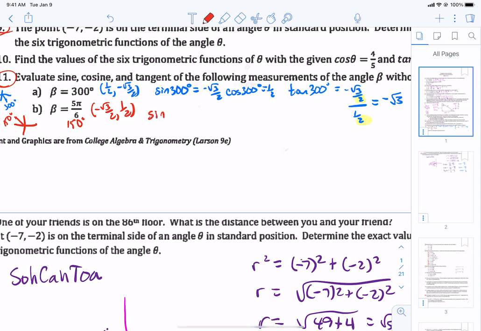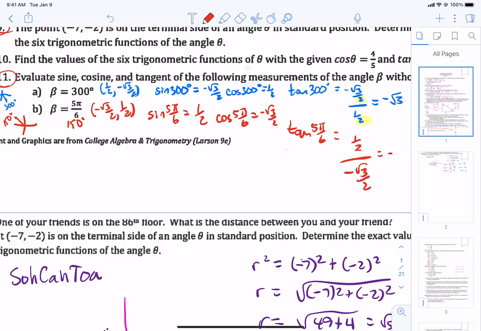Well, the sine of 5 pi over 6 is the y value, 1/2. The cosine of 5 pi over 6 is the x value, negative square root of 3 over 2. And the tangent, we have to divide them. So this time the 1/2 goes on top, and the negative square root of 3 over 2 goes on the bottom. So we still get a negative.